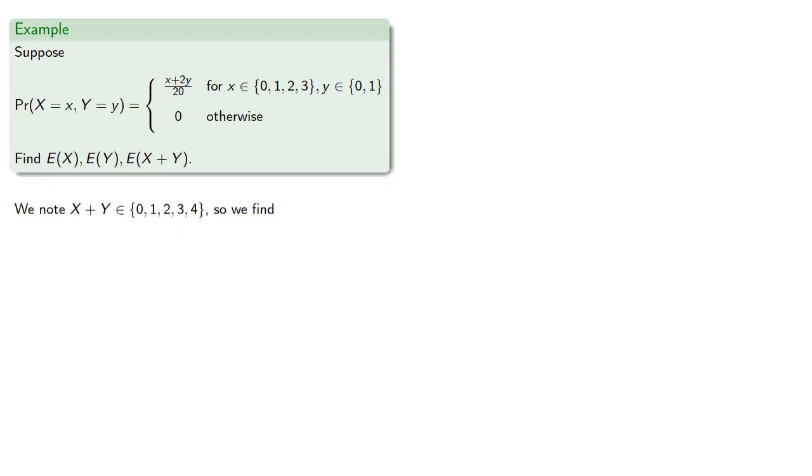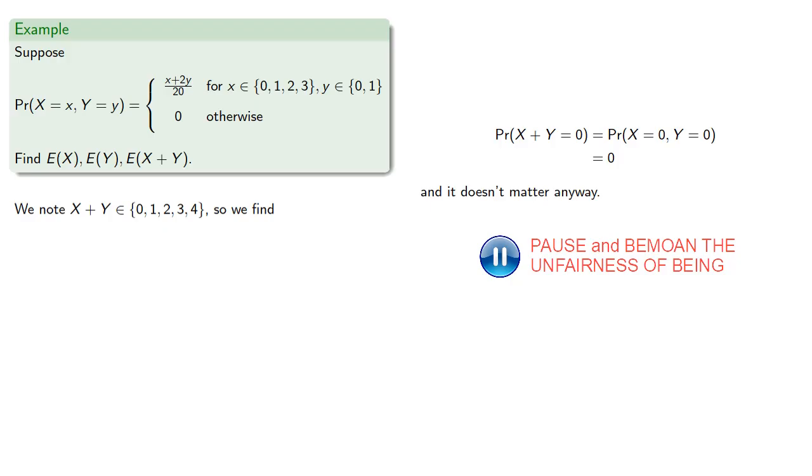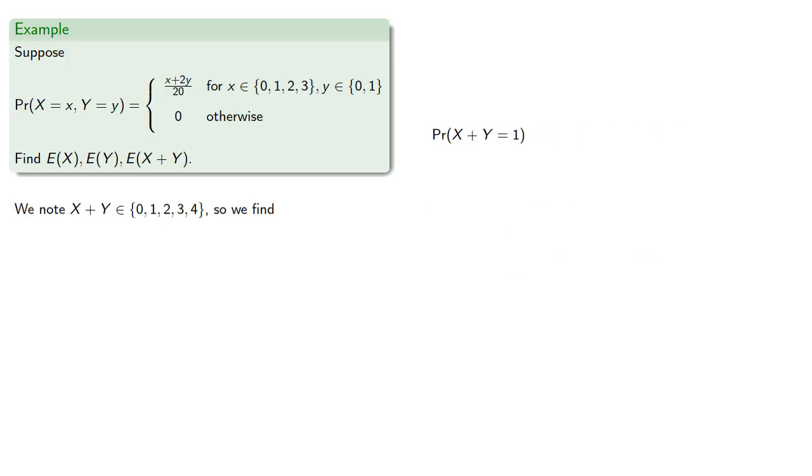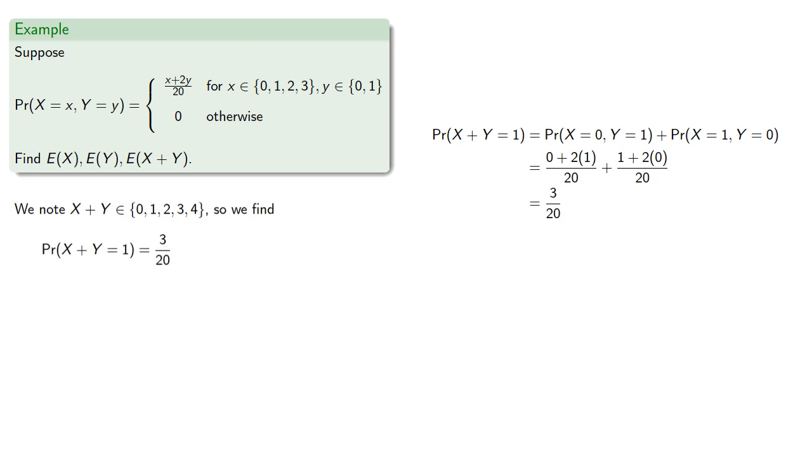and again, we note that x plus y is 1 of, and so the probability that x plus y is 0 is, and that doesn't matter anyway because we'll be multiplying that by 0. If x plus y equals 1, the outcomes that make up that event are, and so we find, if x plus y equals 2, the outcomes that make up that event.